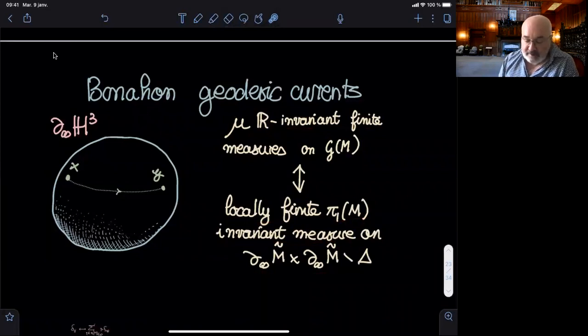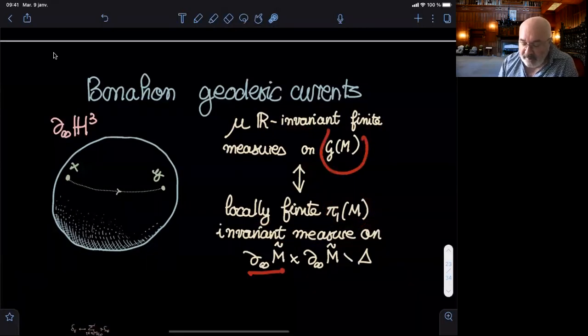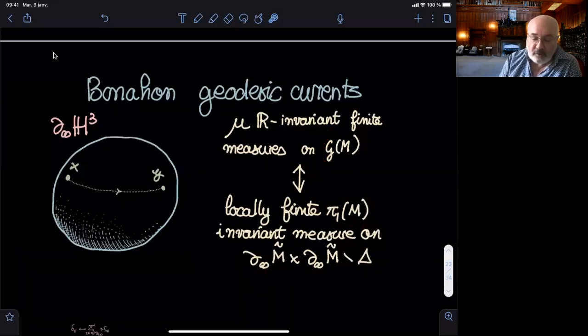It's locally finite. Now, instead of being invariant by R, you consider it invariant by pi one of M. And now it's not on G of M, it's on the space of distinct points in the boundary at infinity. Again, it's better explained, hopefully, in my notes.